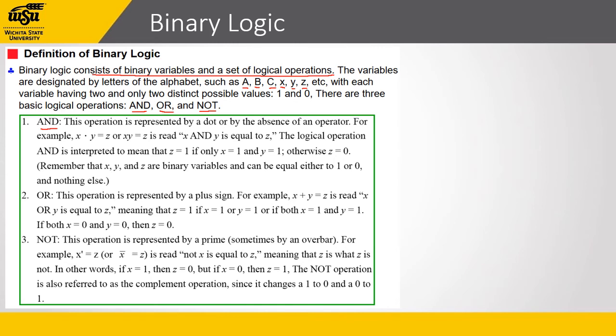This way we call it X and Y, and this is how we interpret it. Z is the output of this AND operation.